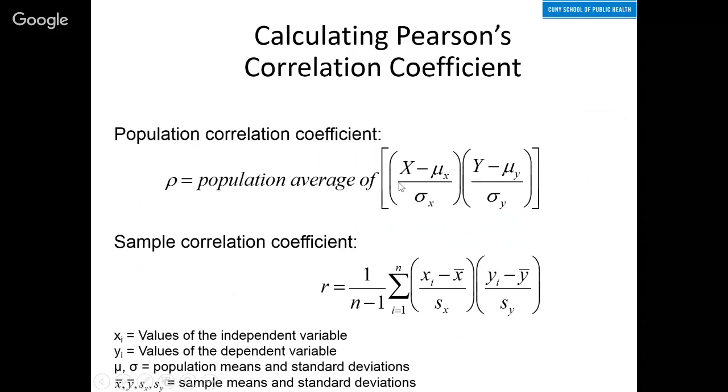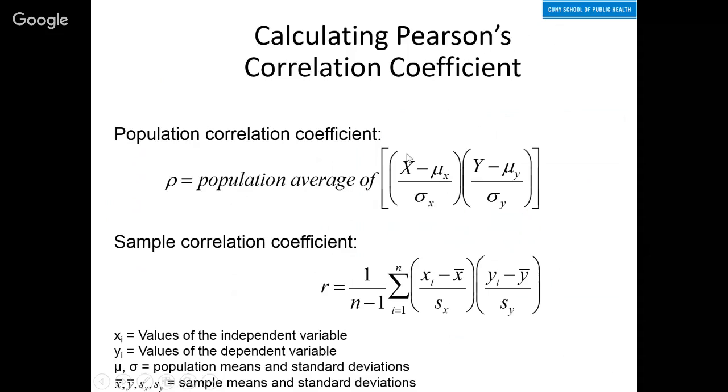Whereas we've learned formulas for calculating the population mean, that involved summing up all the values and dividing by n. The standard deviation was the difference between each value and the mean, divided by n.